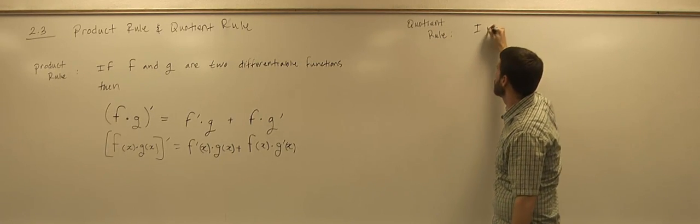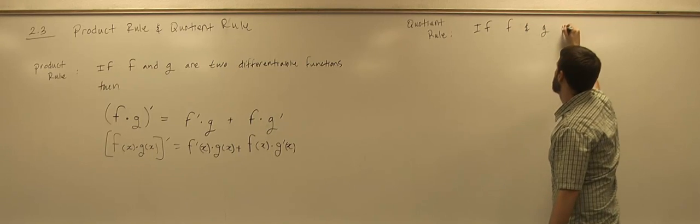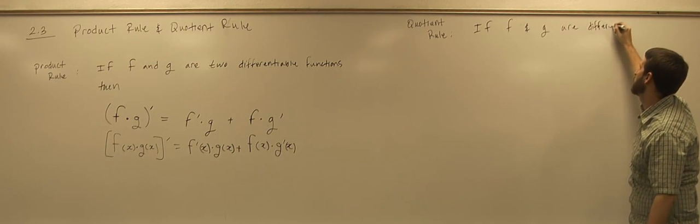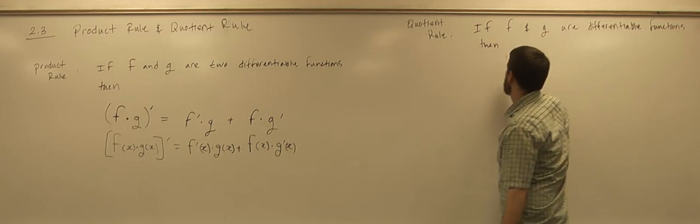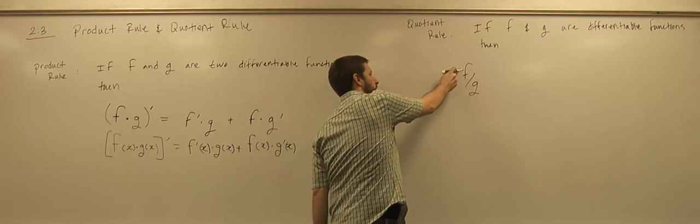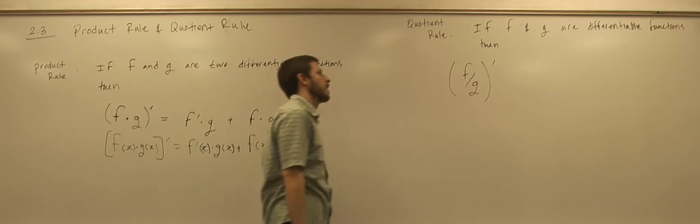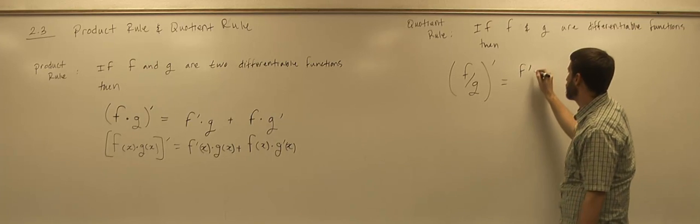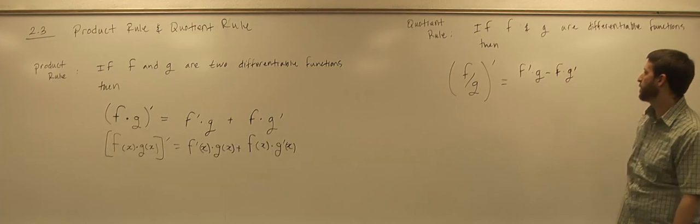The quotient rule says, again, if you have two differentiable functions, then if you have a division problem, f divided by g, or f over g, some function divided by another function, and you want to take the derivative, you do it by taking the derivative of the top times the regular bottom minus the regular top times the derivative of the bottom.